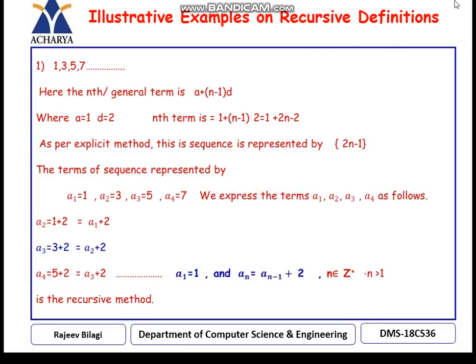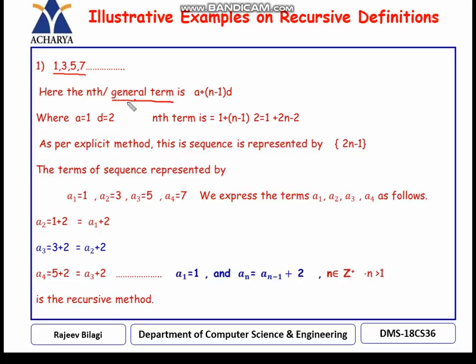Now, in the first example, we are going to use both methods. For example, 1, 3, 5, 7, up to n terms. If you look at this sequence of numbers 1, 3, 5, 7, the difference is the same, so I can apply the general term.